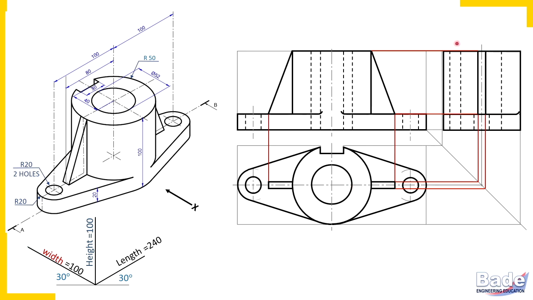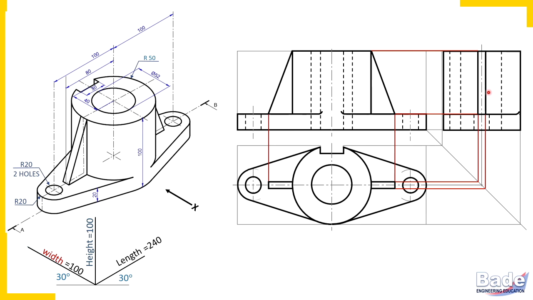If you want to draw sectional top view, then the cutting plane line must be either in the front view or in the side view. So when you want to draw a sectional view, the cutting plane line must be in one of the other two views. Okay. Now here we want to draw sectional front view. So the cutting plane line must be either in the top view or in the side view.